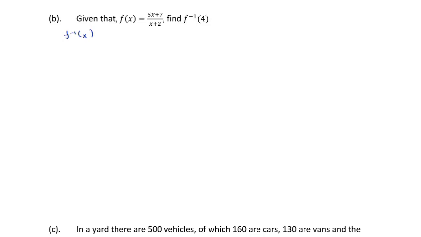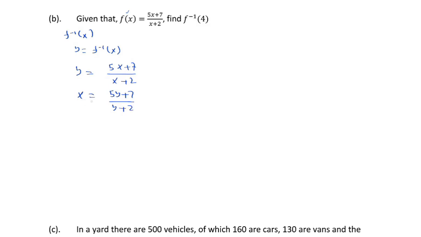Let y = f⁻¹(x). So our equation is going to be y = (5x + 7)/(x + 2). Interchange the variables x and y. We are going to have x = (5y + 7)/(y + 2).